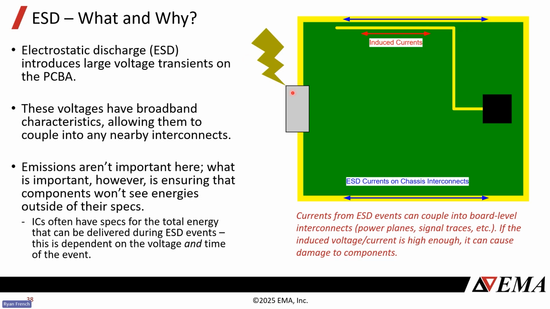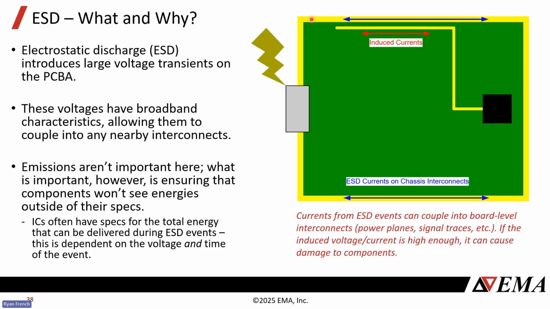So we arc to, say, a metal connector, and your metal connectors are usually connected to something like a chassis. And that's what this outer yellow place is, a little chassis copper. But because these are broadband, which means high frequency content and low frequency content in these zaps, we don't really care about emissions.